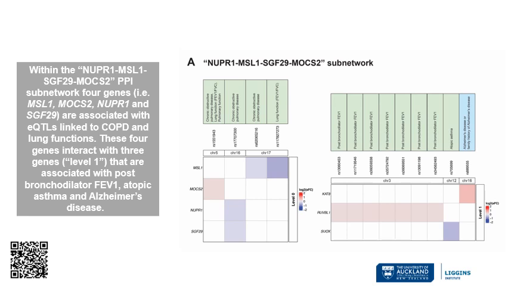Now, the 4 genes interact with 3 other genes on level 1 that are associated with post-bronchodilator forced expiratory volume, atopic asthma, and Alzheimer's disease. And this is really cool. Those 3 genes on level 1 are CAT8, RUVBL1, and SUOX. So this is a really nice example of how this expands things out and shows you some of the interactions that may be occurring and contributing to COPD and other conditions that occur with it.